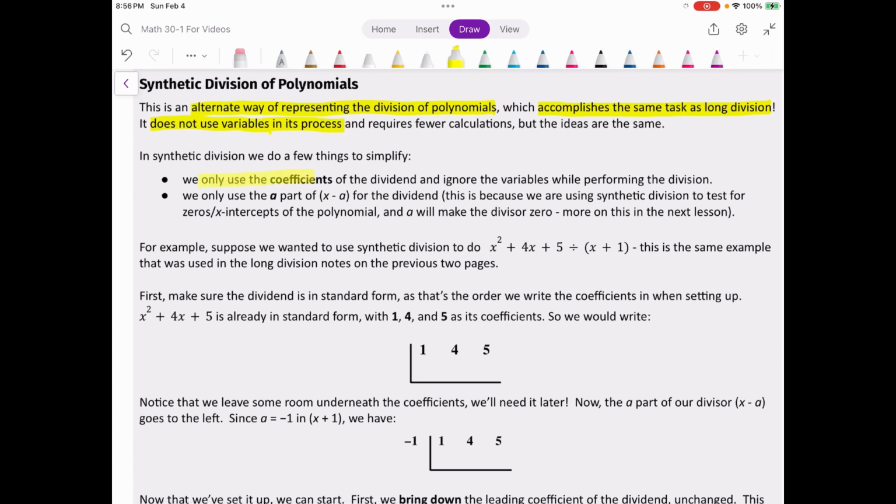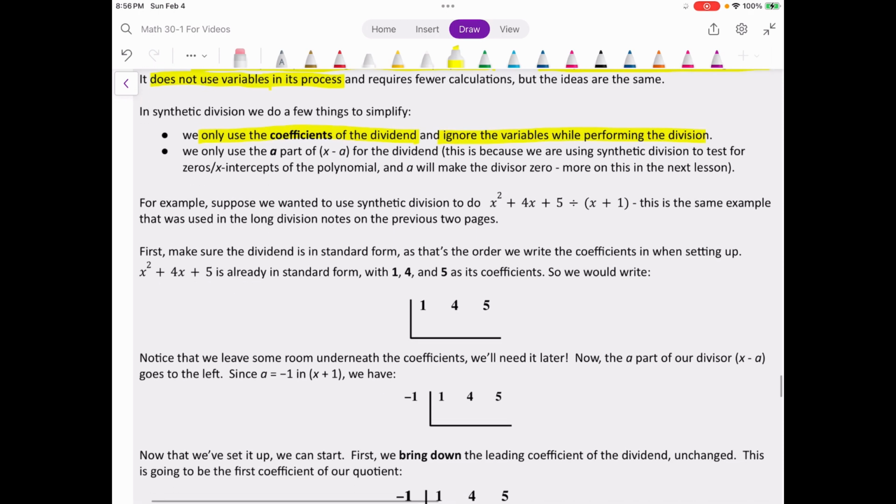We only use the coefficients of the dividend and we basically ignore the variables, okay? And we also only use the a part of x minus a for the divisor, okay? Now, where we are eventually headed with this, again, I know it seems kind of random. In the next lesson, we're going to start using these skills to factor polynomial functions, okay? Now, what we're doing when we're factoring, as we alluded to earlier in the lesson, is kind of looking almost for x-intercepts, right?